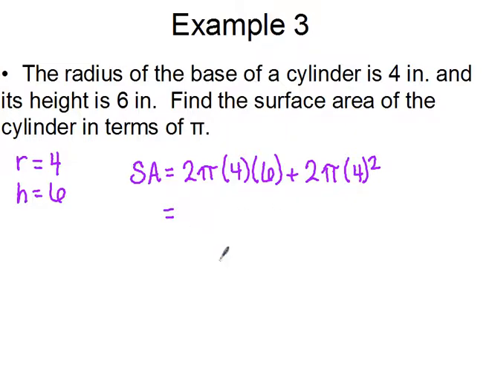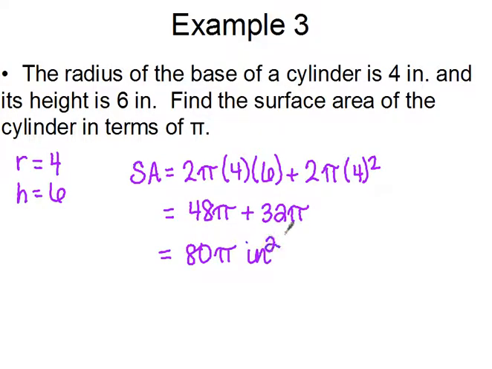I know, more formulas to learn, but it makes it so much easier. So now we just need to simplify. So if we do 2 pi times 4 times 6, we get 48 pi. And then 2 pi times 16 is 32 pi. So when we add those two together, we get 80 pi, and then it would be inches squared.